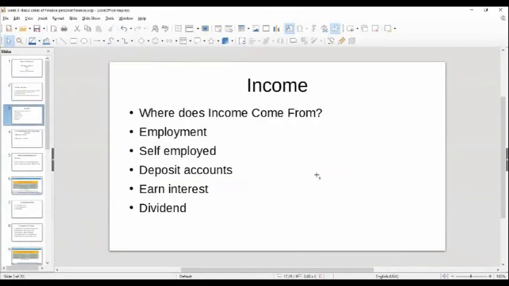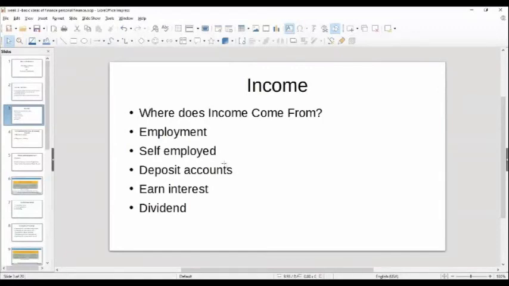So what is income? Where does income come from? In Tagalog, income is yung ating pinagkakakitaan. So where does income come from? It can be from employment, if you are employed, of course, or it can be from being self-employed.